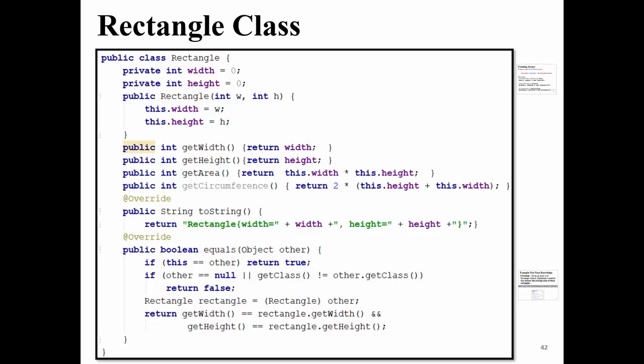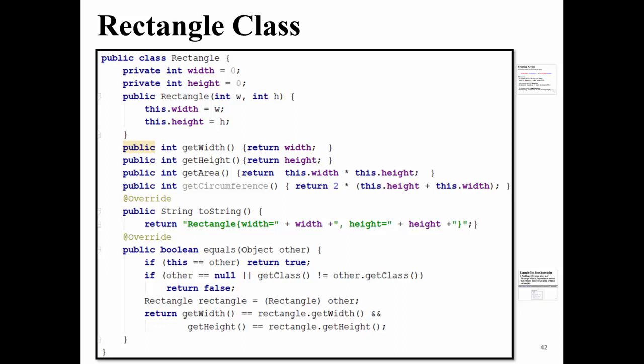We say that two rectangles are equal if and only if the width and the height of these two rectangles are equal. As you can see in the if statement, if getWidth is equal to getWidth and getHeight is equal to getHeight.